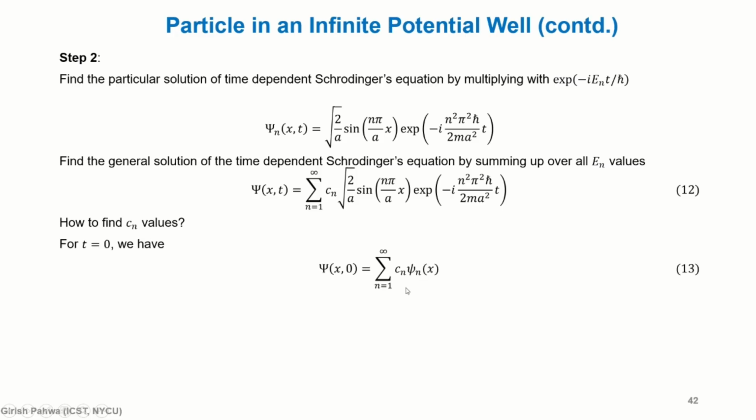So we have this. Now to calculate these Cn's, let's multiply both sides with an energy eigenfunction, the complex version of that. I mean, you take the conjugate. So I'm going to multiply both sides with the conjugate of an eigenfunction, and that eigenfunction can be any eigenfunction.